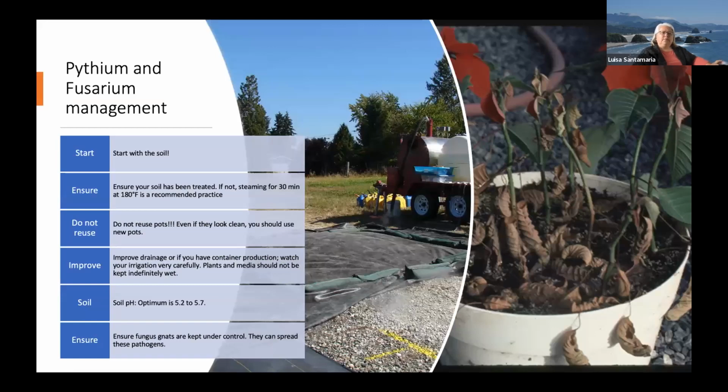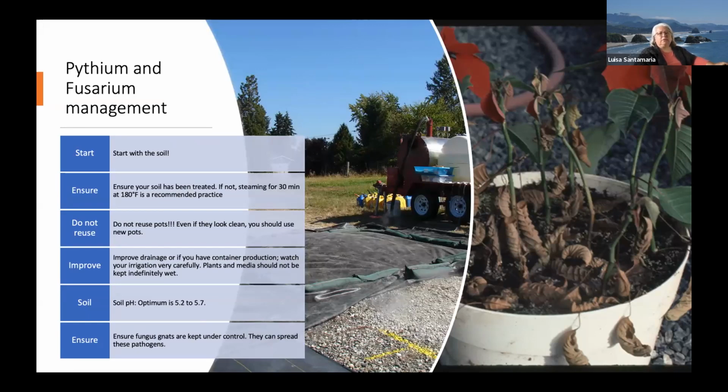All right, so what can we do about Fusarium and Pythium damage in this case? Well, we always start with the soil, the quality of the substrate that we have. If you have to use soil and you don't have substrate, maybe look for some alternative, such as steaming the soil to have disinfected material.